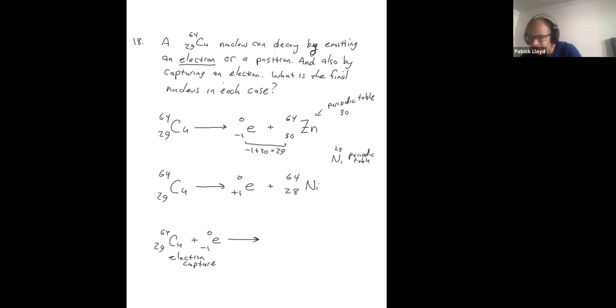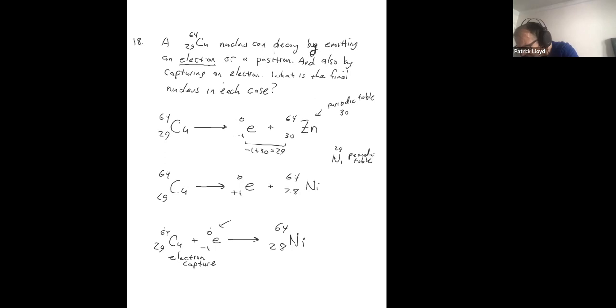Okay, so if it says electron capture, though, it's a little bit different. We put it on the reactant side, on the left side. So 29 plus a minus 1 is 28. And again, 28 is nickel. And then 64 plus 0 is 64.